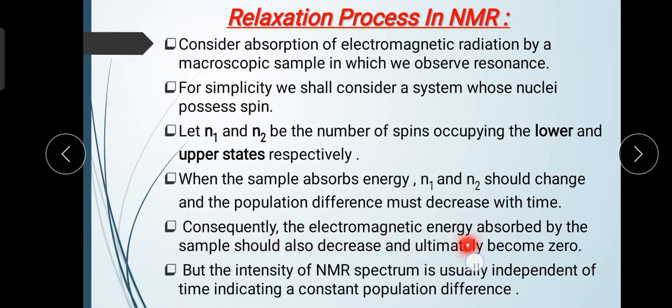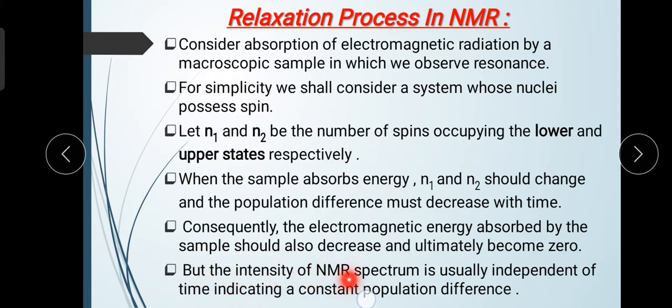Consequently, the electromagnetic energy absorbed by the sample should also decrease and ultimately become zero. Due to the decrease in the population difference with time, there is also a decrease in the electromagnetic energy absorbed by that sample, and this ultimately becomes zero. That means there is a utilization of this energy and ultimately this energy becomes zero.